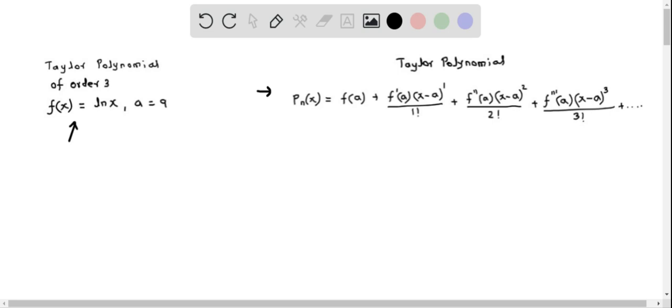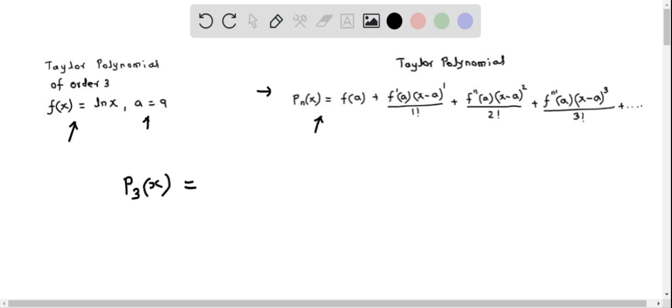So we will utilize this expansion. First I'm going to write the Taylor polynomial expansion centered around a. So I'm going to replace a equal to 9 into this equation and n equal to 3. That means we can write down the Taylor polynomial of order 3 as p3 of x.